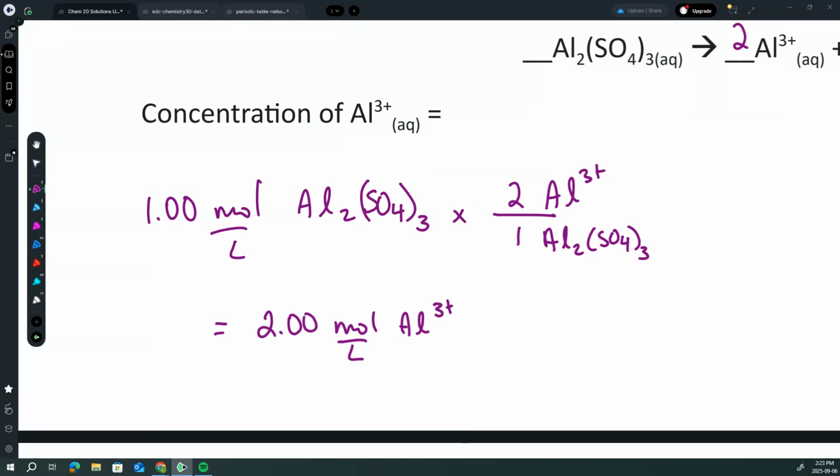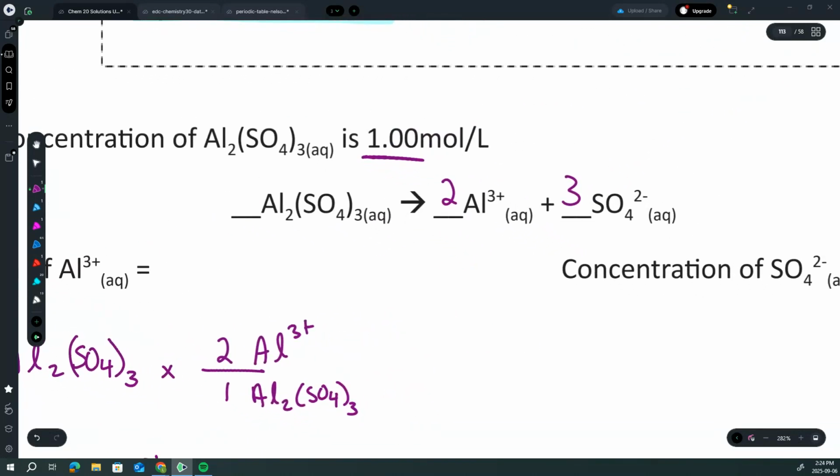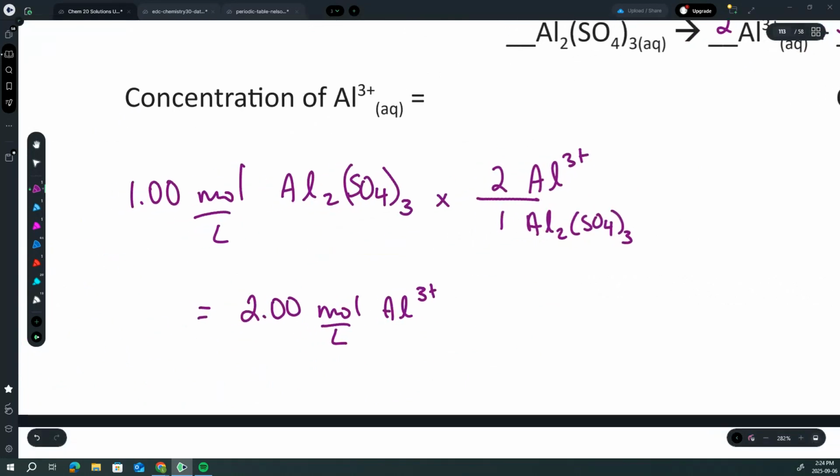Since we're not writing this in a chemical equation, I'm fine with you not writing the state. However, whenever you do write a chemical equation, you should always write the states for all chemical substances in the equation.